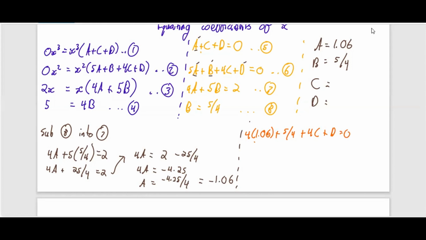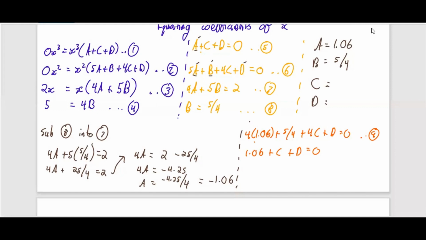And then we call this one 9. And then the other one will be 5, that's E, so it'll be 1.06 plus C plus D, and that's equal to 0. Nice. So now we can simplify this quickly and solve that. Luckily, we can solve C and D at one time because they're just a simultaneous equation, right? So I'll solve that quickly.